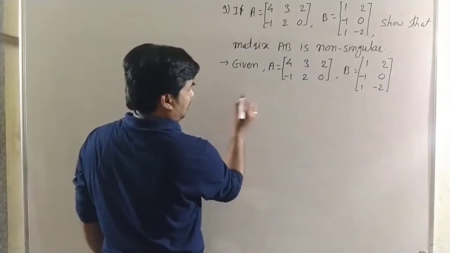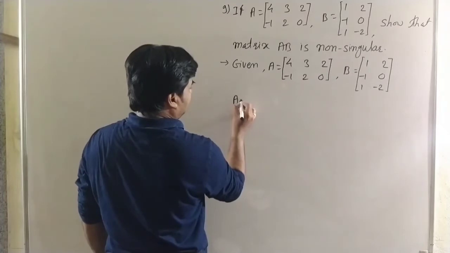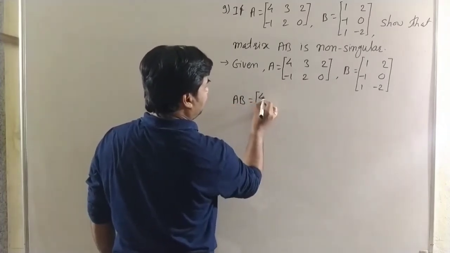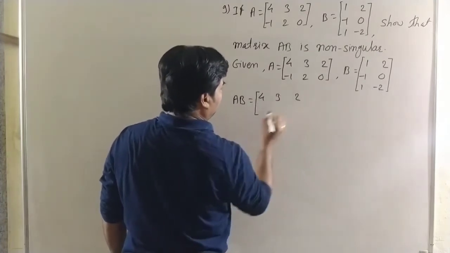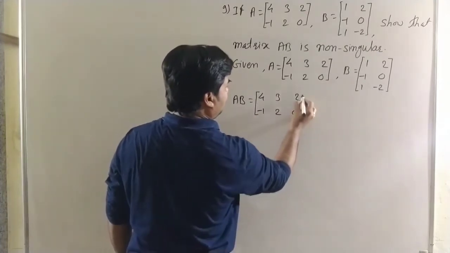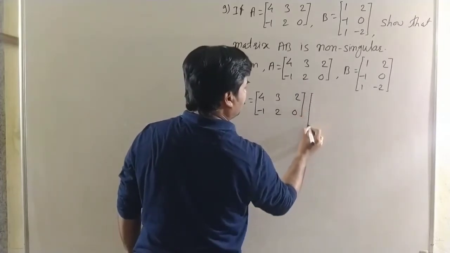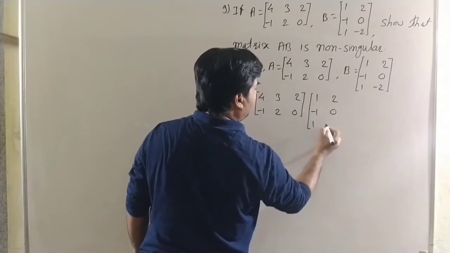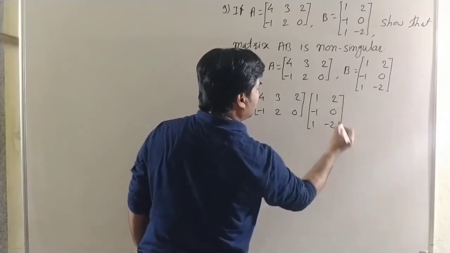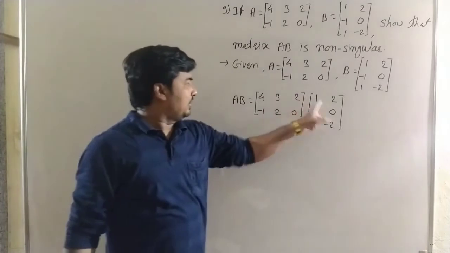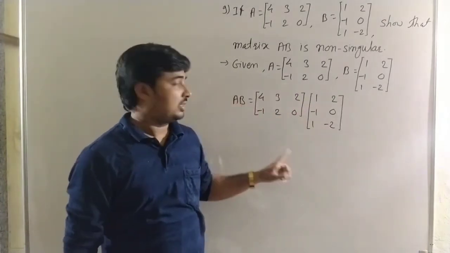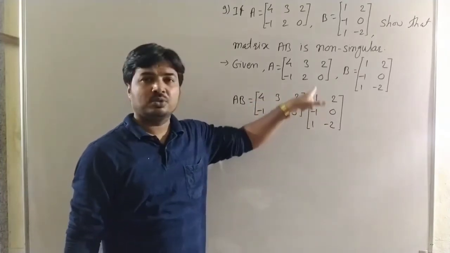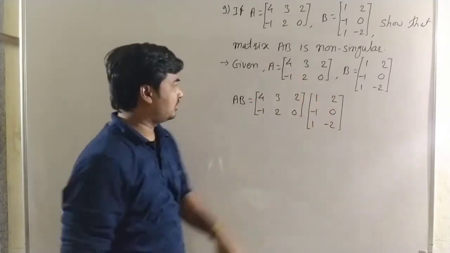Now first we take the product of these two matrices, A into B. A is the first matrix, B is the second matrix. For the multiplication, take the row from the first matrix and columns from the second matrix.